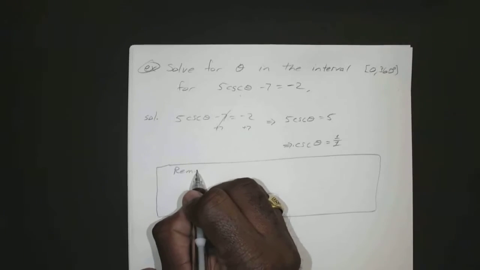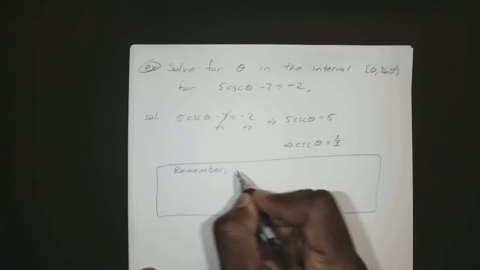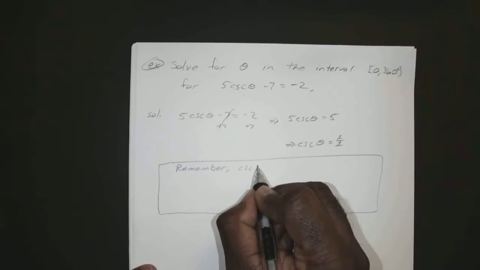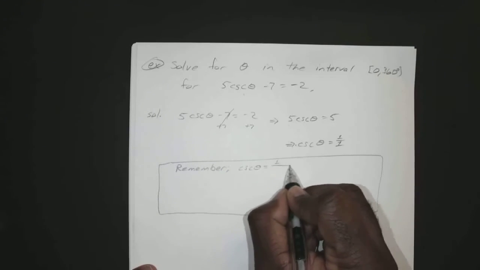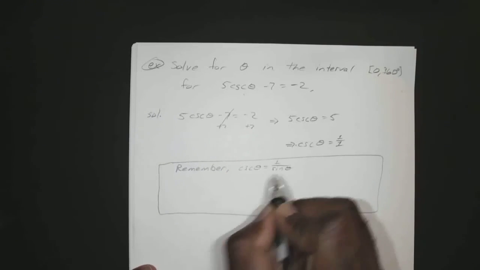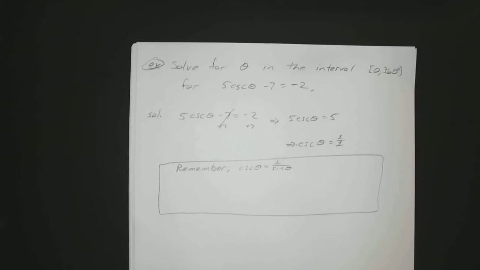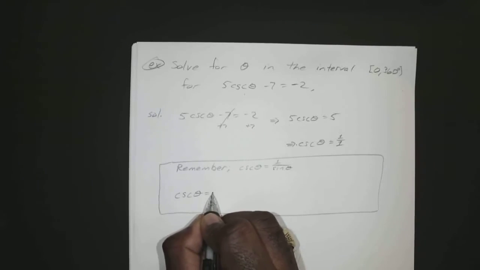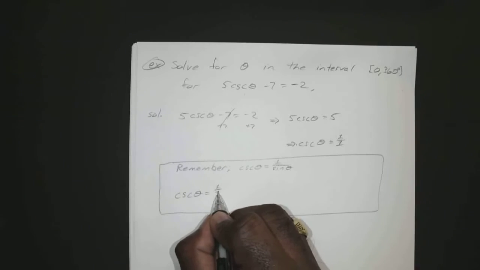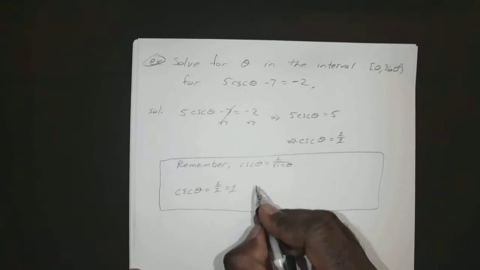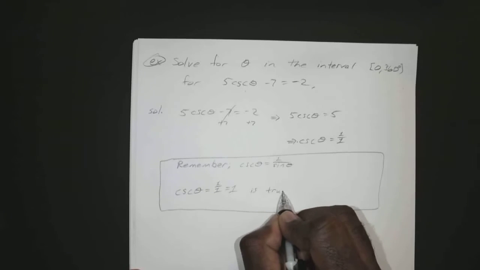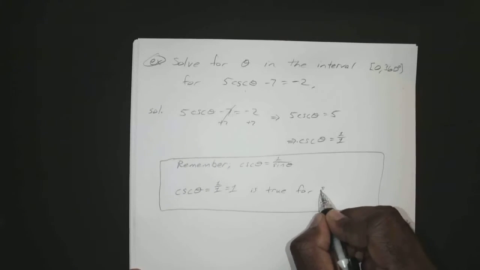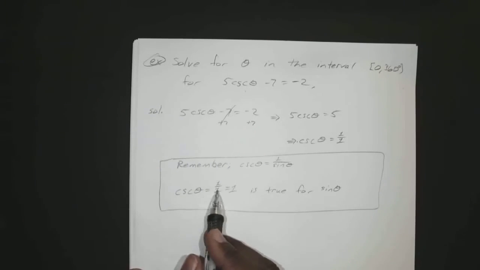Okay, so remember, cosecant of theta is 1 over sine of theta. So if it's true for cosecant of theta equals 1 over 1, which is 1, it's also true for sine of theta, which is just the reciprocal of that one.